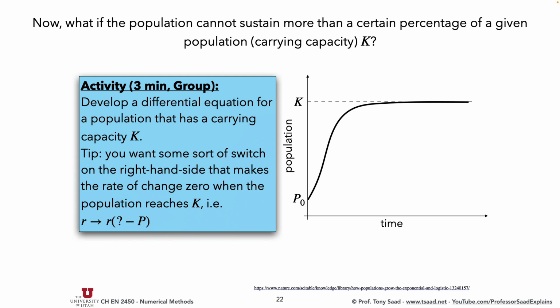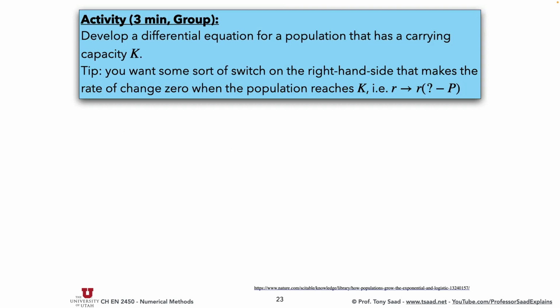Now you still have R times P, but that population is going to slow down as it reaches K. So I want to replace R with R times something, such that when the population reaches K, it becomes 0, because we want it to be flat. Once the population reaches K, there's no rate of change anymore. I started with dP by dt is RP.